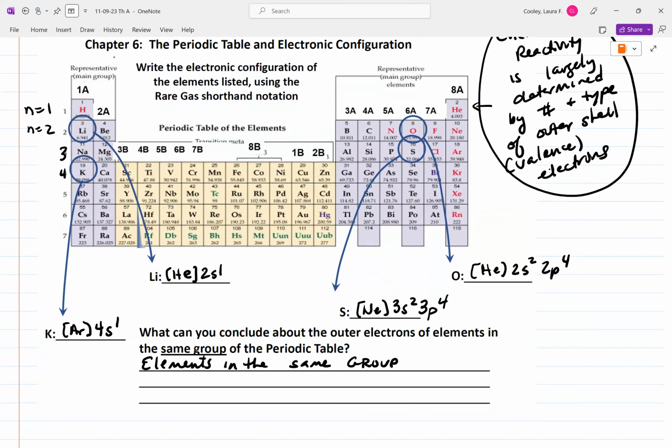Remember, the groups are going down. Those are columns. And that's why they have similar chemical reactivity.